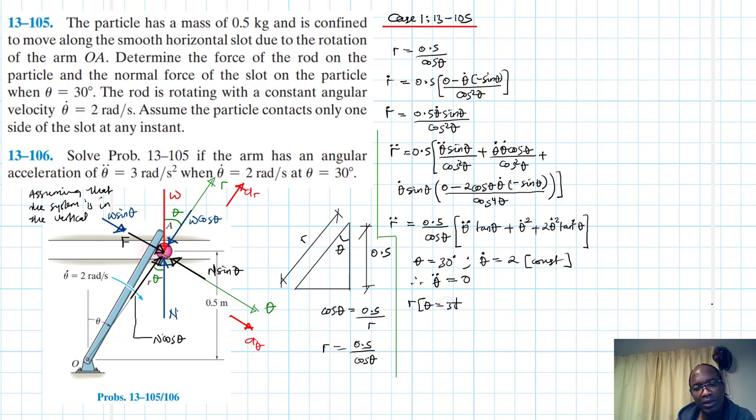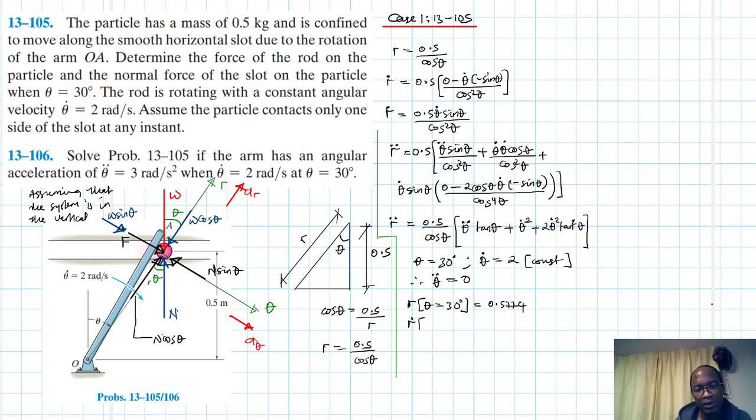r at 30 degrees. Alright, what do we have? That's 0.5 by 2. There we go. Alright. Then 0.5 divided by cos theta, that's 0.5774.